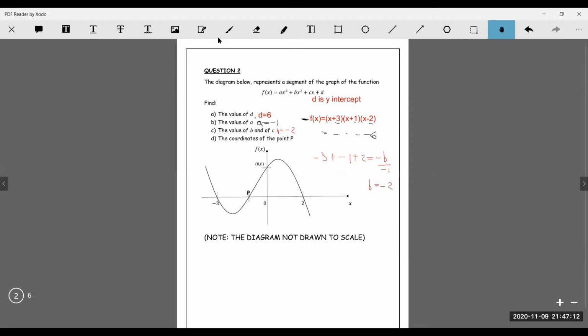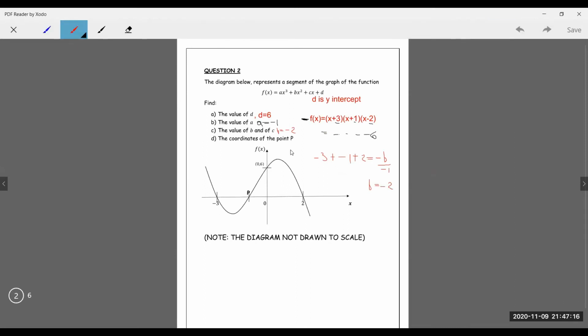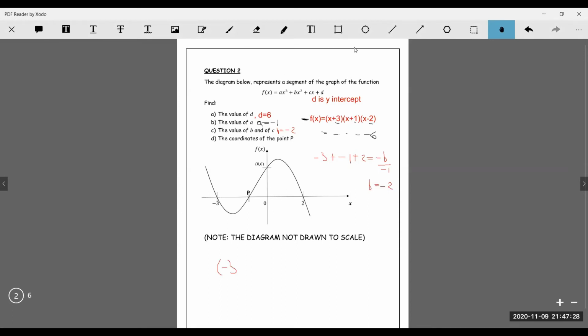We're going to look at the pairwise products of the roots. So we have minus 3 times minus 1, plus the next product of two roots, minus 3 times 2, plus the next two roots, which is minus 1 times 2.